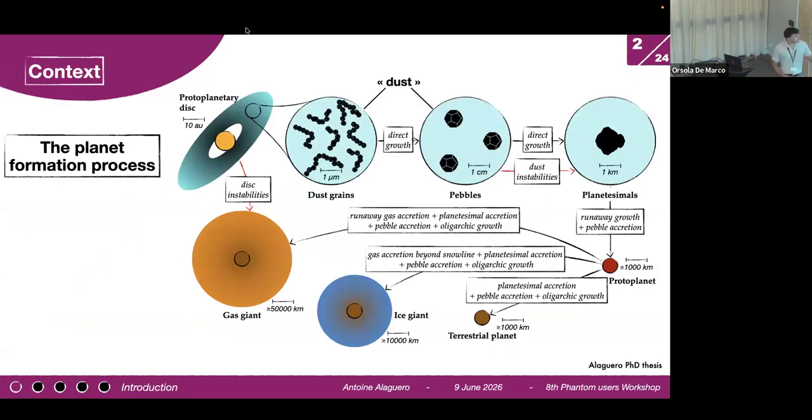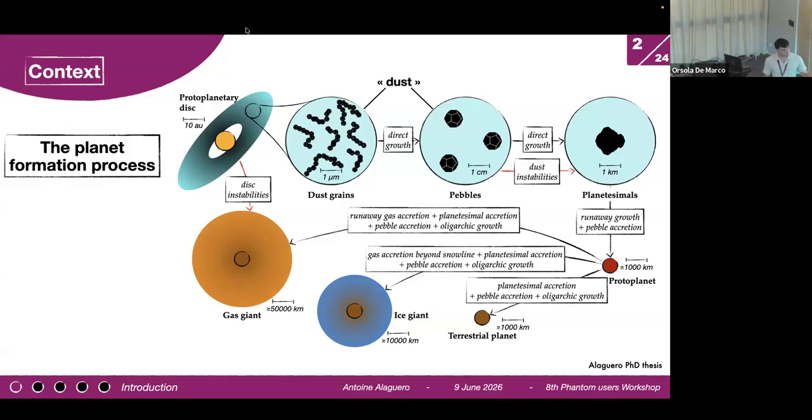So let me first tell you a bit about planet formation, which all starts in a protoplanetary disk where you have tiny dust grains that are inherited from the interstellar medium. These dust grains are embedded in the gas disk, but they also collide with each other, and sometimes following these collisions they stick, and so they grow to form larger aggregates that we call pebbles.